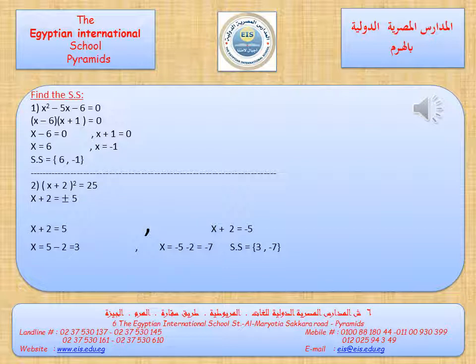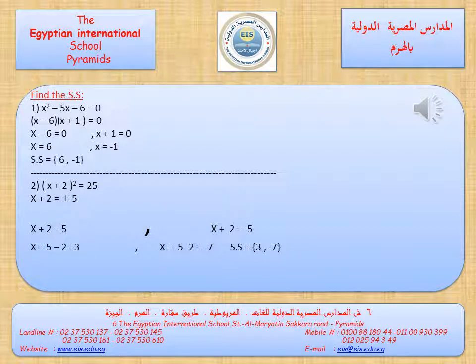We take the square root of both sides. The square root of x plus 2 all power 2, we cancel as we took before. The square root cancels the power 2. So it will be what? x plus 2.